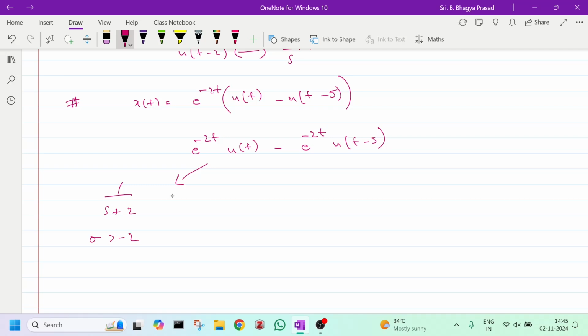But here, to use the time shifting property, you can observe the t minus 5. So here also you should have the t minus 5. So for making that e power minus 2 times t minus 5, I am multiplying with e power minus 10.